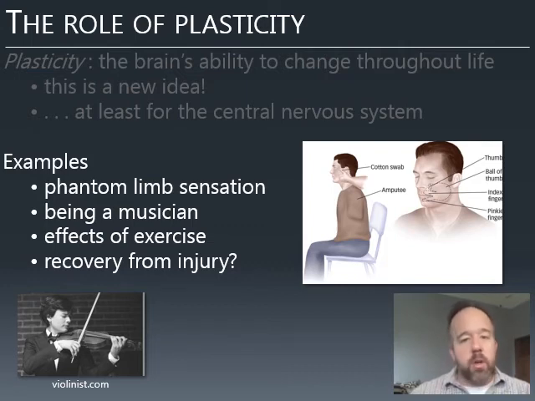So sometimes when neurons die, if they're sliced, for example, if they lose their axons, in the peripheral nervous system, they'll heal themselves. In the central nervous system, they won't. And so the question is, how do we make the central nervous system to where it can heal itself more effectively?